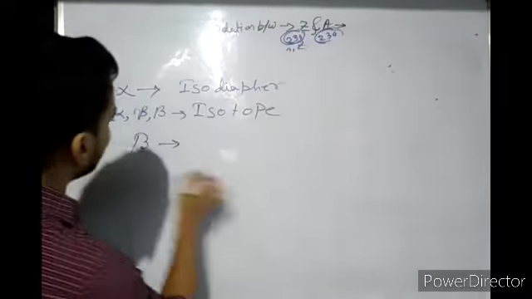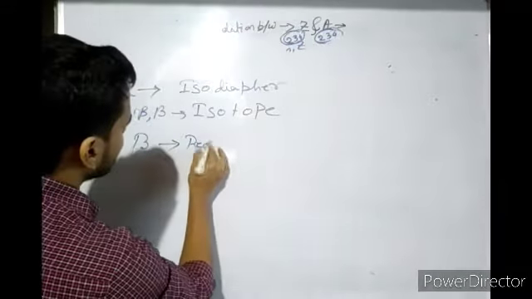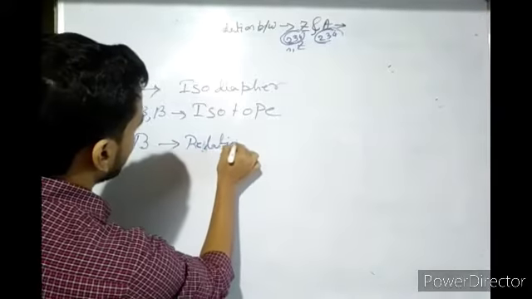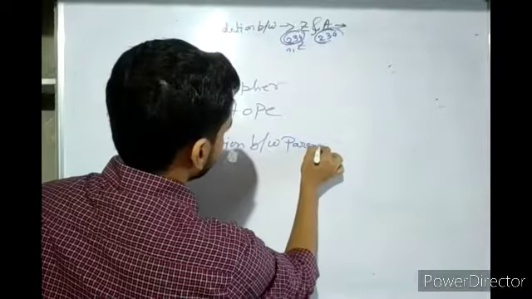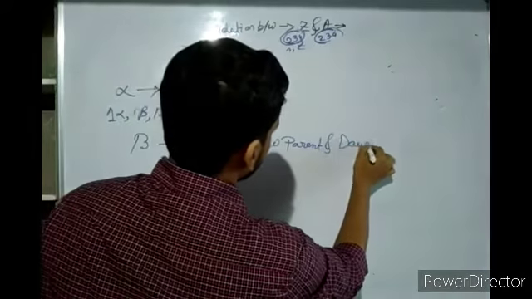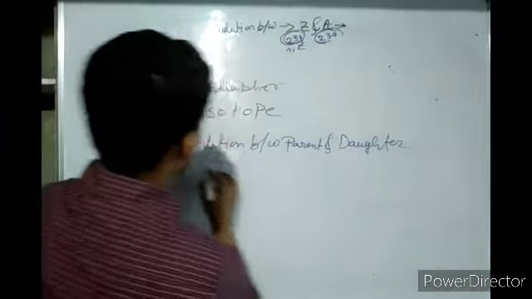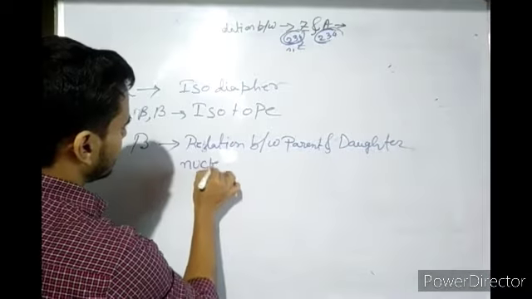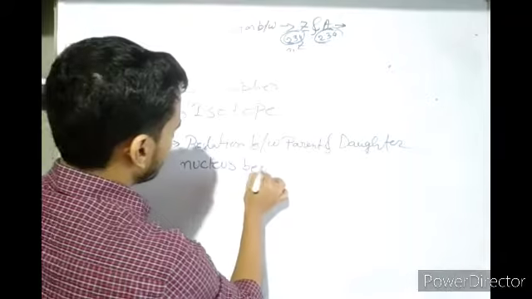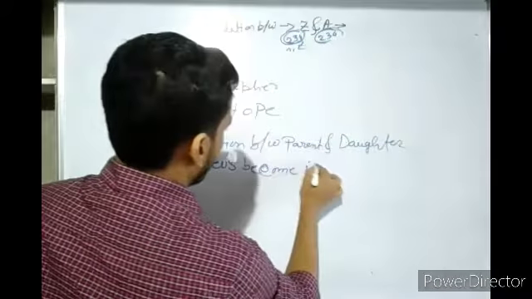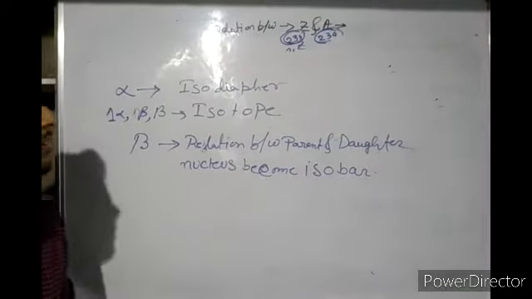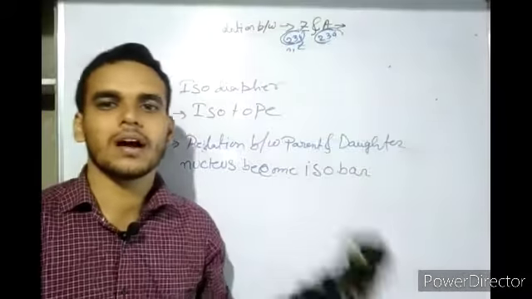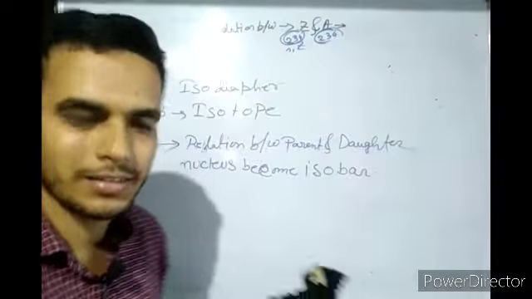Only beta particle emits, the relation between parent and daughter nucleus becomes isobar. Okay, this is all for isotone, isobar, isodiapher, etc.